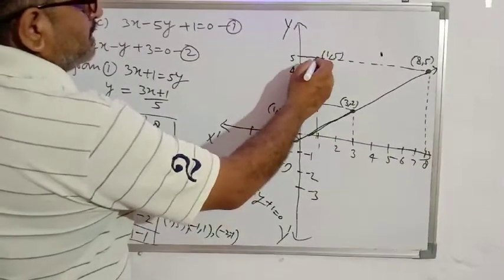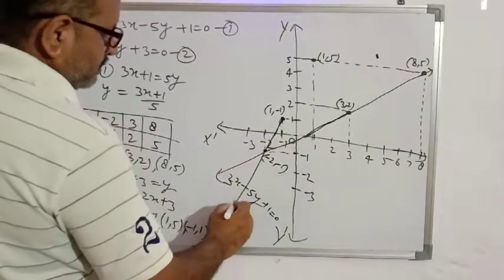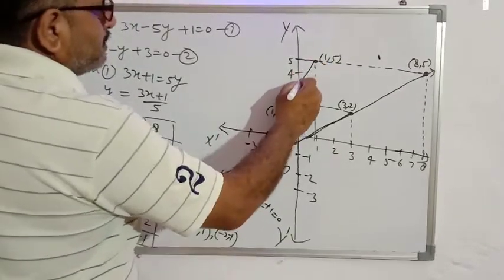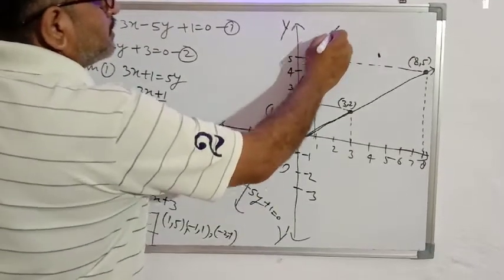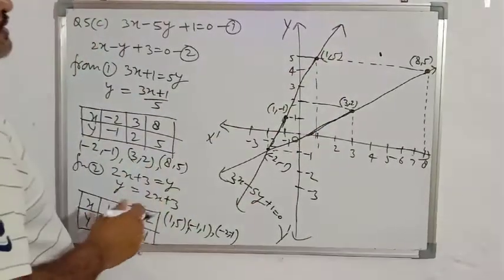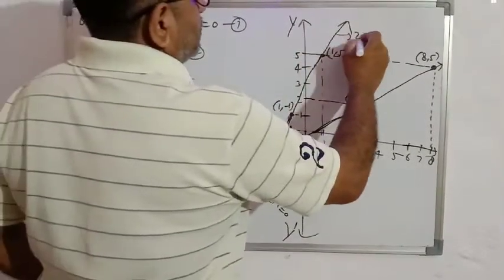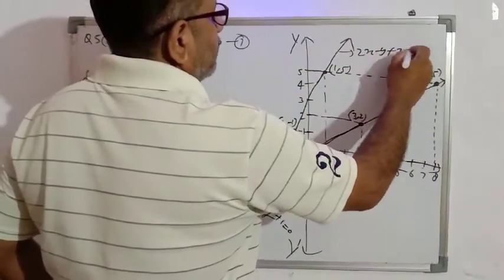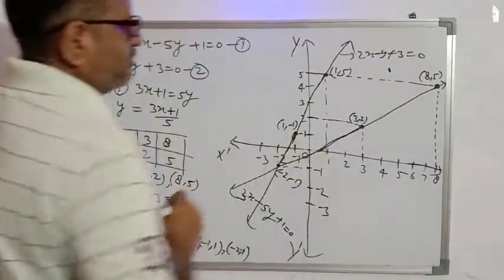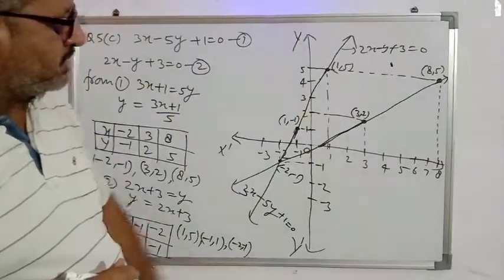So we have to join them. Write the equation 2x minus y plus 3 is equal to 0. So this line represents 2x minus y plus 3 is equal to 0.